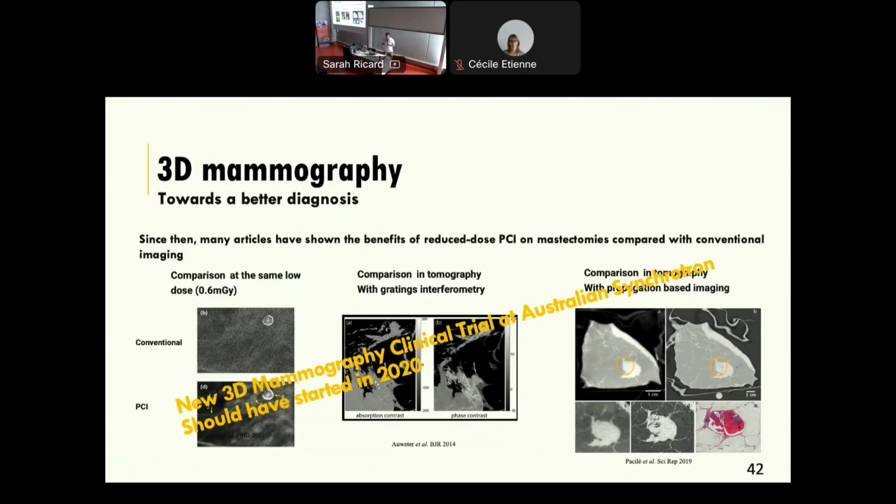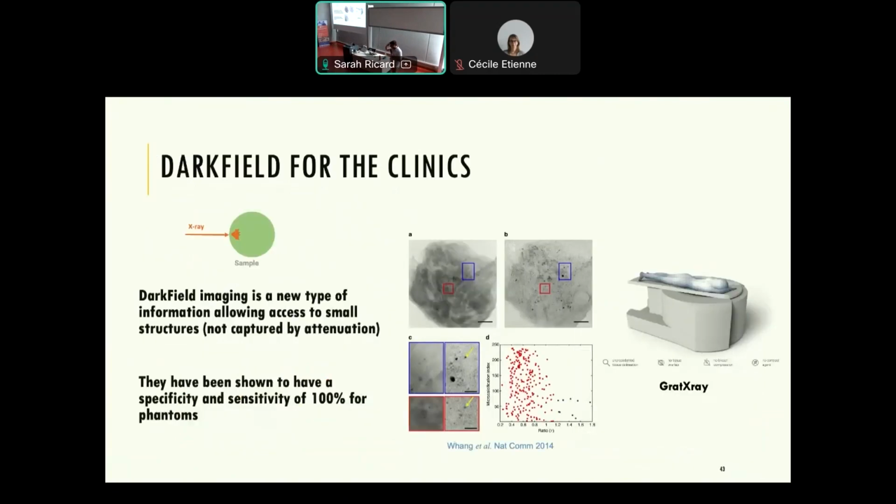And there was supposed to go for 2020 at the Australian synchrotron a clinical trial for women going to the synchrotron to get their breast imaged.